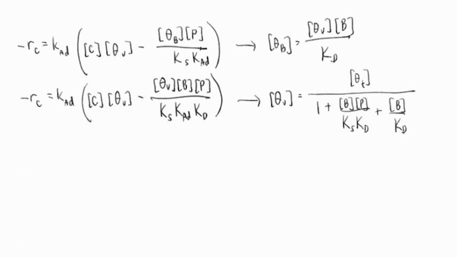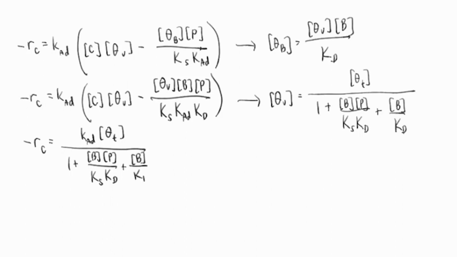Factoring out theta V and substituting, we now have our overall rate law for the consumption of cumene is equal to K adsorption multiplied by the concentration of theta T all over 1 plus concentration of benzene, concentration of propylene over capital Ks times capital KD plus concentration of benzene over capital KD, multiplied by concentration of cumene minus concentration of benzene, concentration of propylene over capital Ks, capital K adsorption, and capital K desorption.